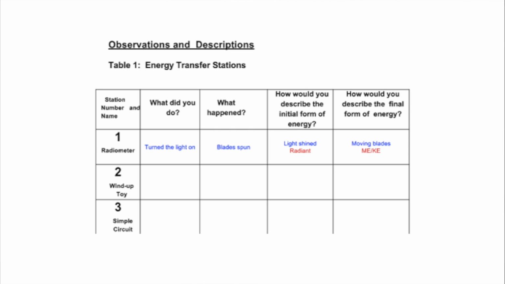So, light shined best matches the description for radiant energy, so it is added to the initial forms column. And blades spun best fits with the description of mechanical energy of the kinetic energy type, so it is also added to this box.